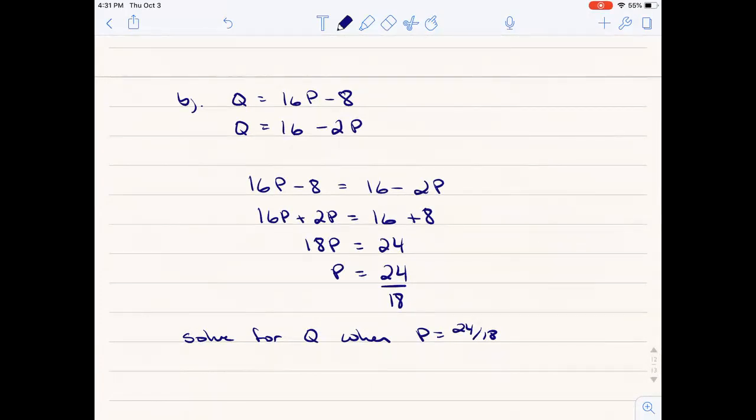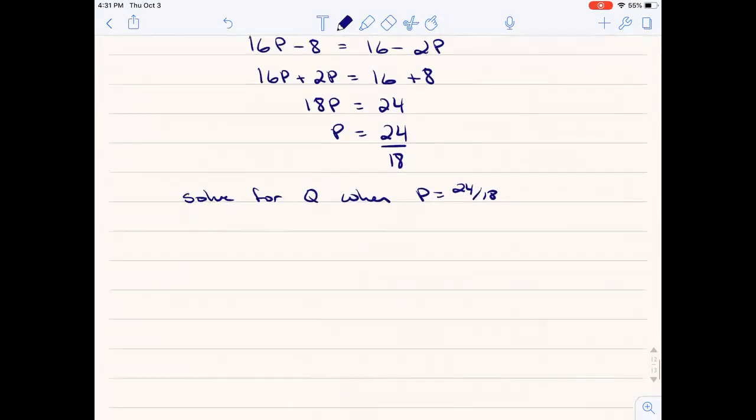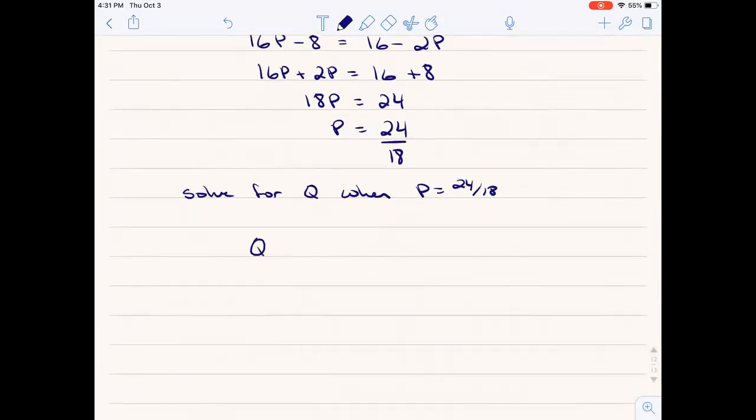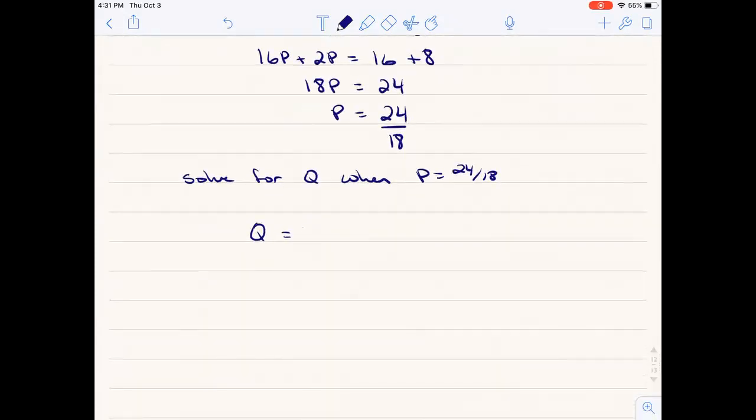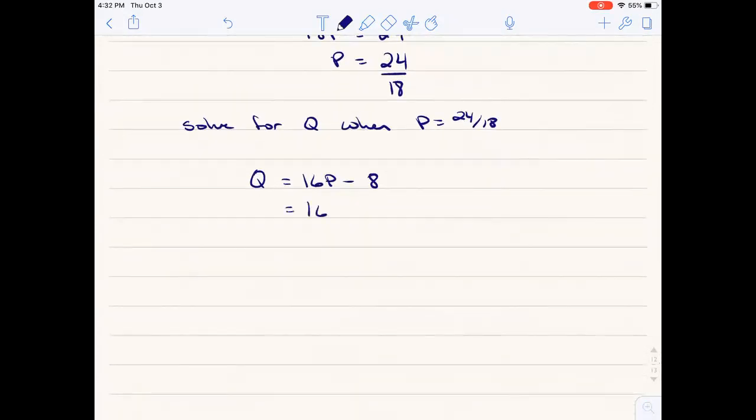For using my fraction, I'm looking for something that might cancel my 18 out. It's not looking so good. So I'll just pick the first one. Q is 16P minus 8. So Q is 16 times 24 over 18 minus 8.